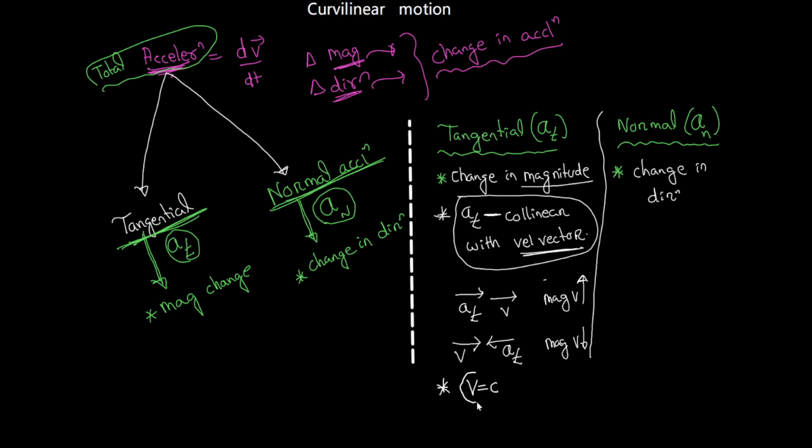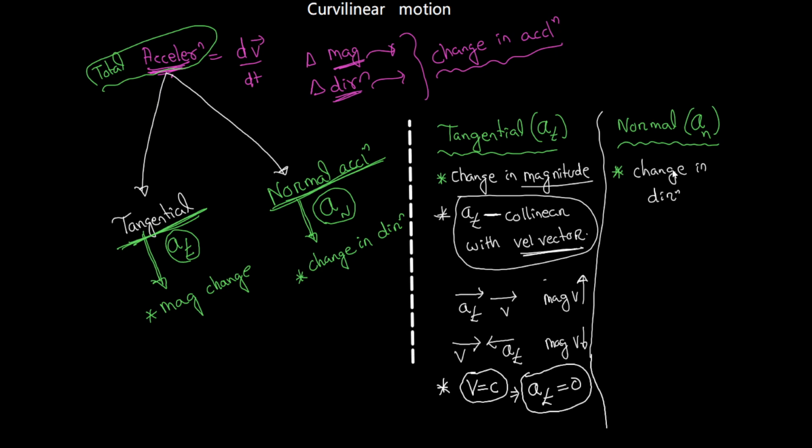Whatever we have studied, the uniform motion, that means the acceleration was constant. So I'm saying if the velocity is not varying, then the tangential acceleration will be zero. The body is moving with a particular velocity. So these are the three characteristics of the tangential acceleration.